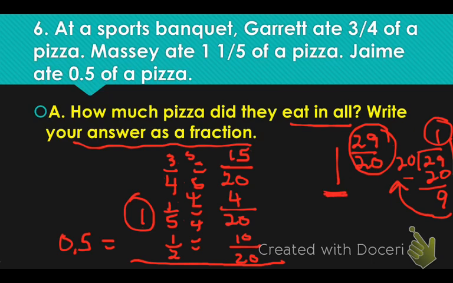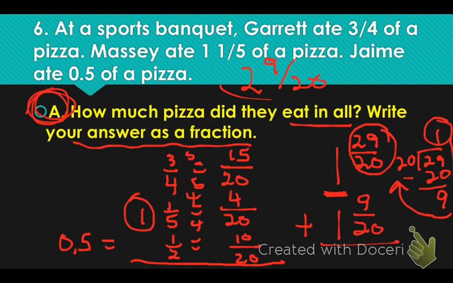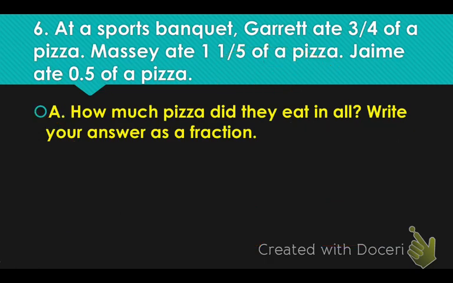So that 1 plus 1 and 9/20 is going to give me 2 and 9/20 for part A. Okay, 2 and 9/20. If you got that, put a check mark. If not, copy it down. Okay, here we go. Next one.